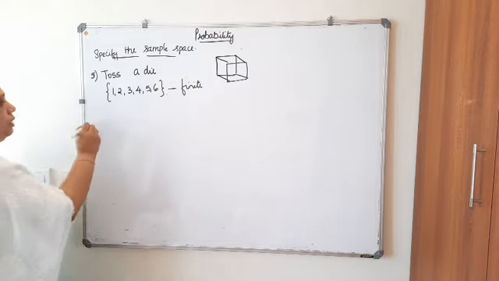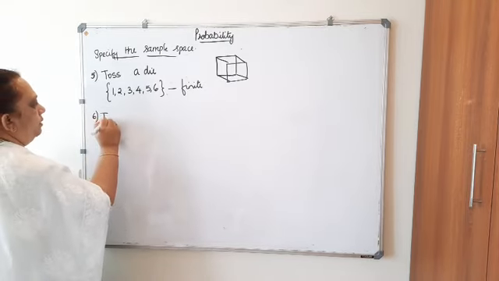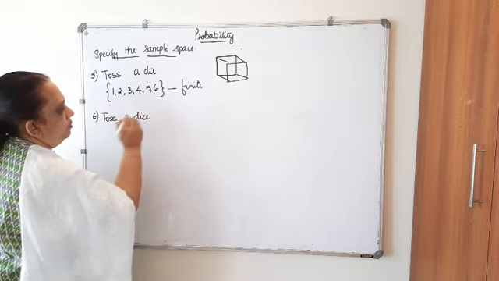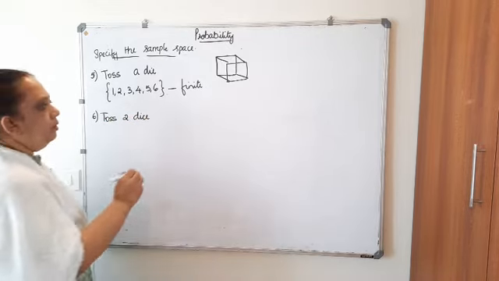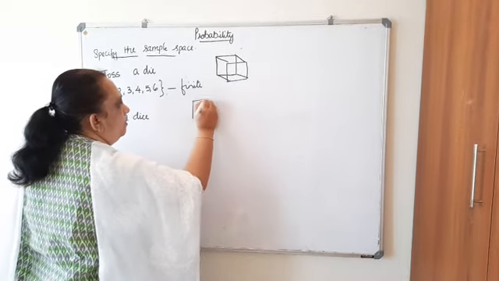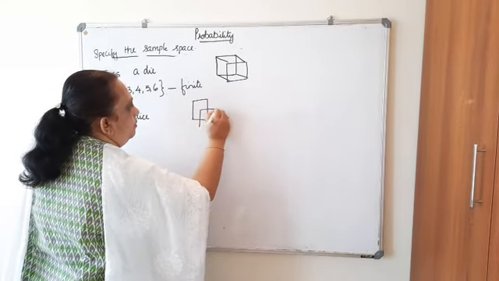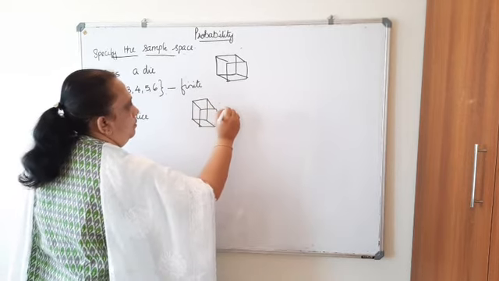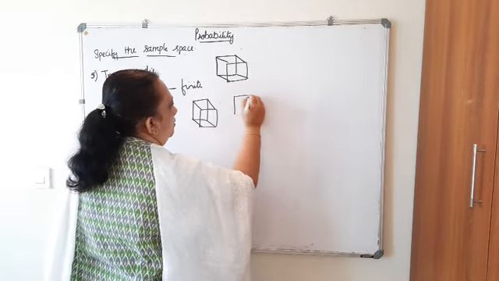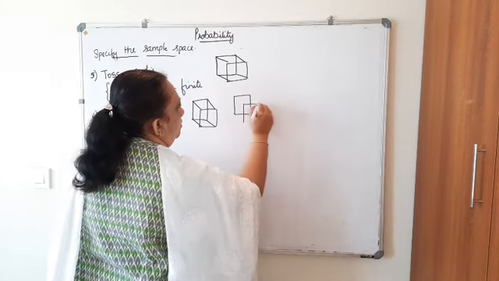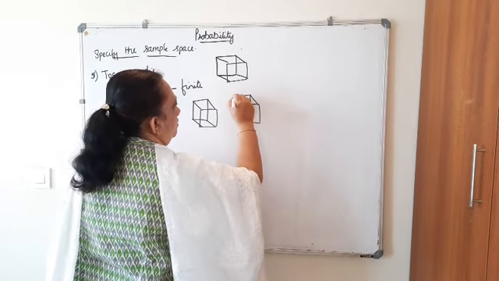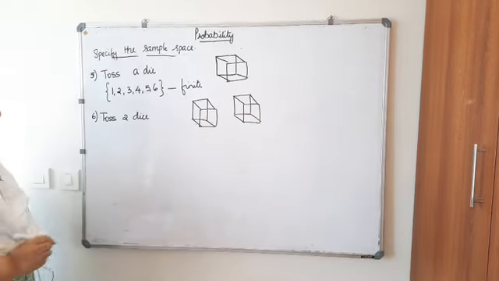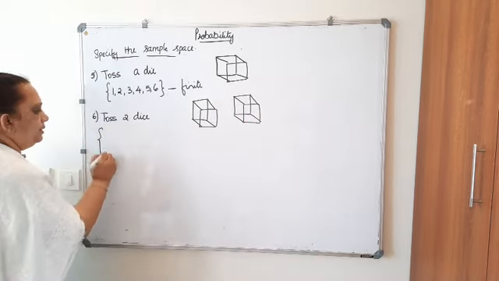Now, when you toss two dice, so there are two dice. Two dice are tossed. So what about the sample space?